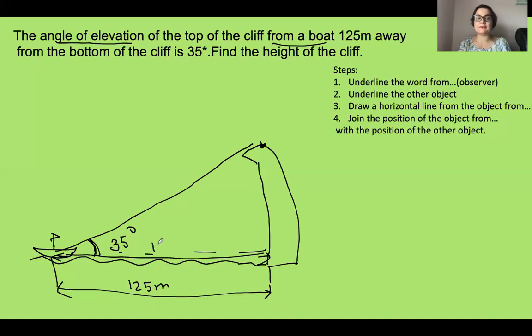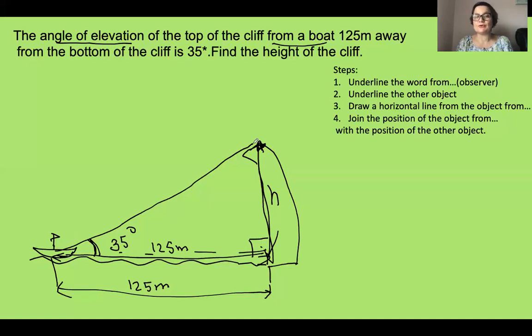So now, to find the height of the cliff, we need to find the distance from the top of the cliff to here. All this is the height, and I'm going to label it h. This is the height, which means this angle here is a right angle.